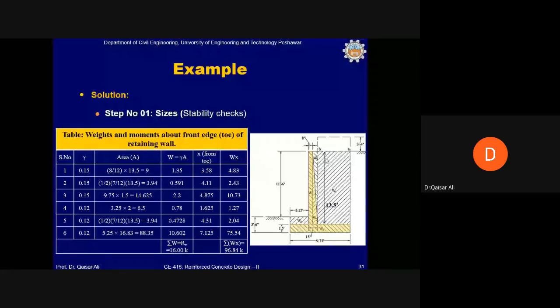And the width of this rectangle is 8 inches. So 8 inches divided by 12 will convert into feet. Multiply by 13.5, and this will come out to be the area of this rectangle.